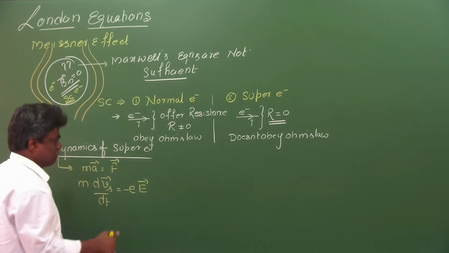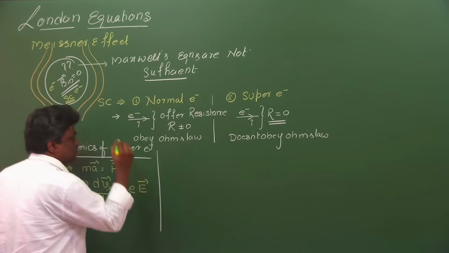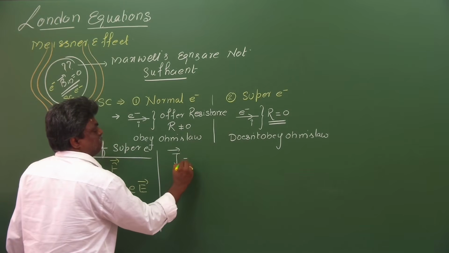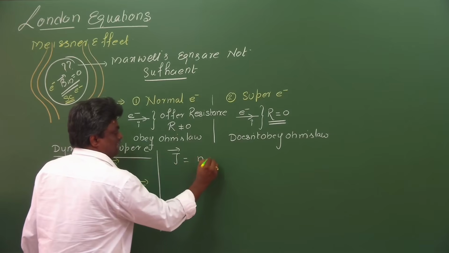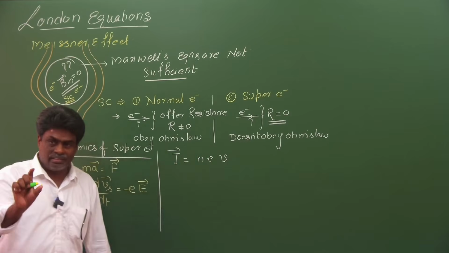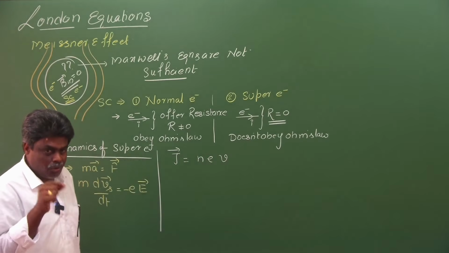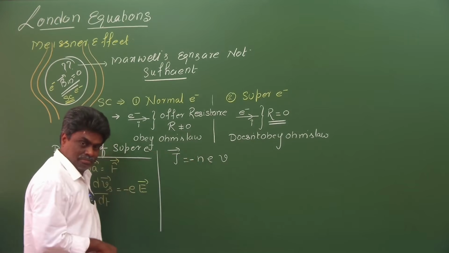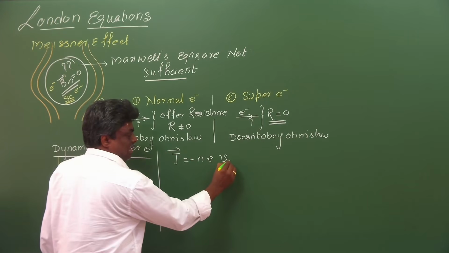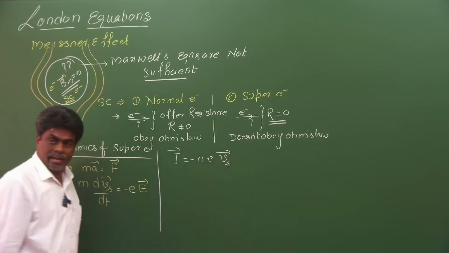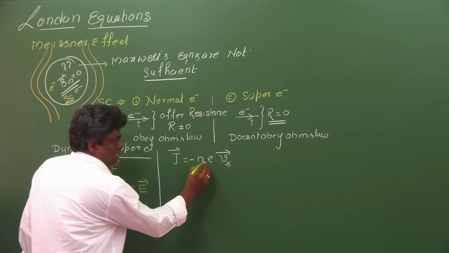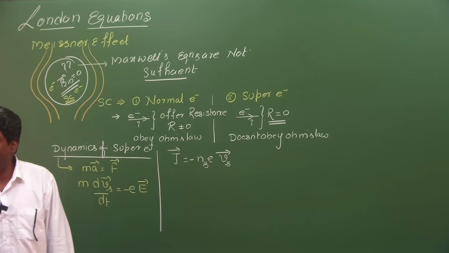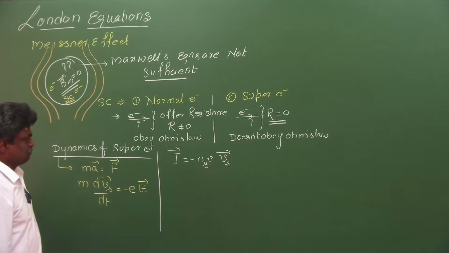Now, I hope everybody knows the current density formula, J equals n e vd, generally for electrons. But here we are talking about the super electron. Charge is minus, and this is Vs bar. This n I am taking as Ns, where Ns is the concentration of super electrons.